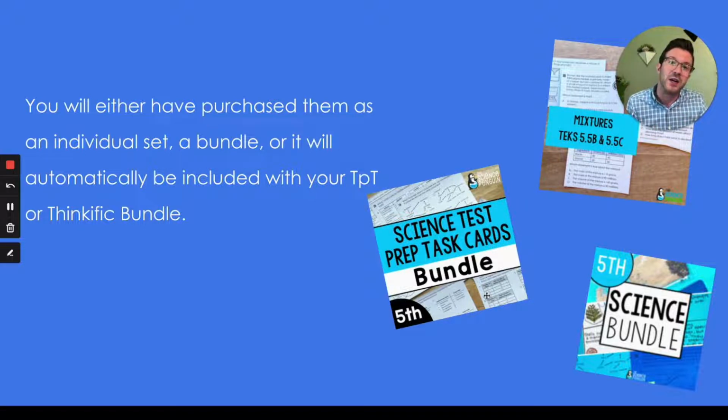And with that one, that's where you get all of our test prep task cards for the year. And it encompasses properties of matter, energy, life science, earth science, even STAAR prep. Or if you already have our bundle, the fifth grade bundle, then you're in luck. It's already going to be in there. So I just wanted to reiterate that for you so that you have that for reference.